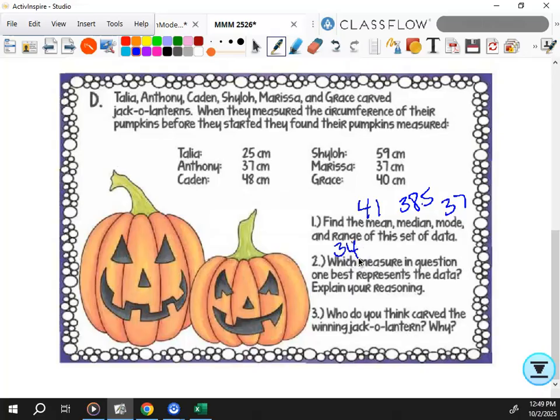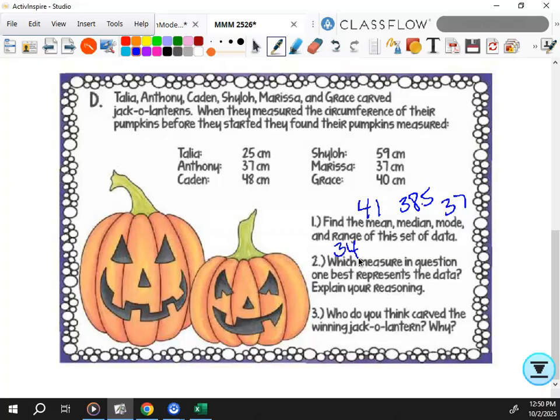So the second question, even if you didn't do this one, this is why we're talking about this stuff. It says which measure in question 1 best represents the data and explain your reasoning. Okay, so I made you talk about it. You don't have to tell me what you said. But here, I want you to hear some of the reasons why.